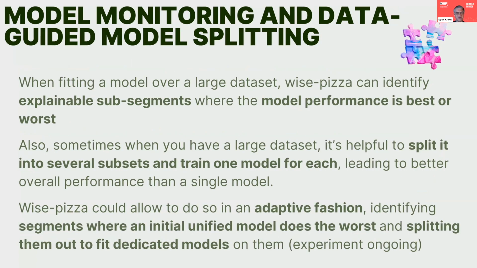And now an application from data science. When fitting a model over a large data set, quite often you want to know where the model is performing poorly. For example, if you have a forecasting model, you forecast volume per customer, and then a month later you look at actuals versus forecast, what you don't want to happen is your business users come to you and say, oh, the model did really poorly today for users in France.